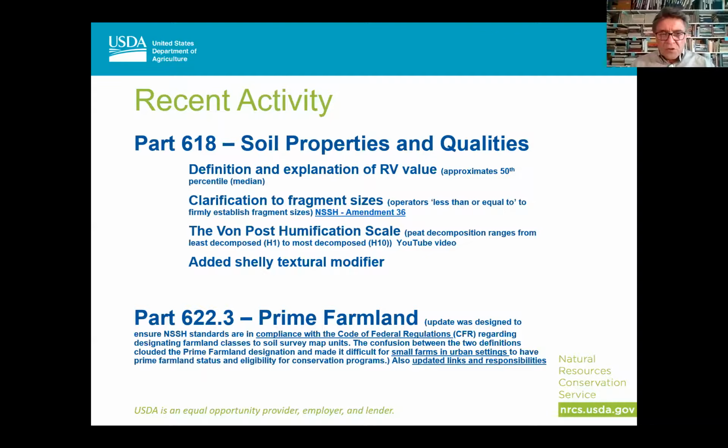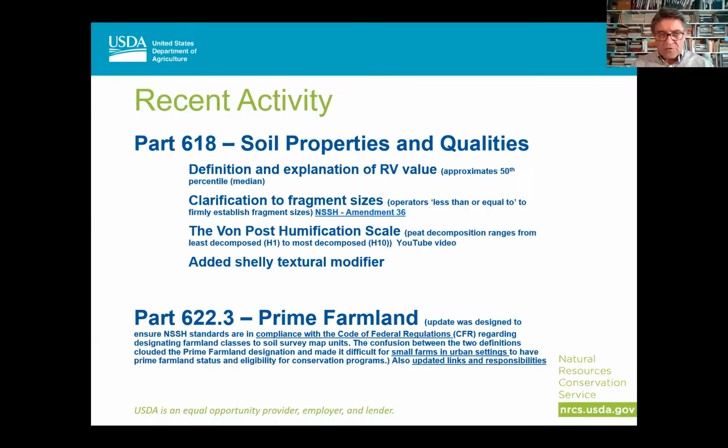Von Post humification scale, Dan Wings talked about that quite a bit in the taxonomy committee, but basically that's been around for a long time, and it's a very simple test to get at how decomposed organic material is on a scale of 1 to 10, and there's a YouTube video on that.